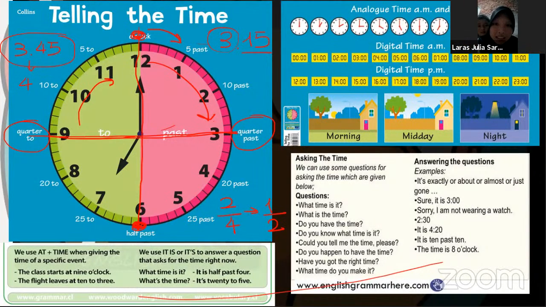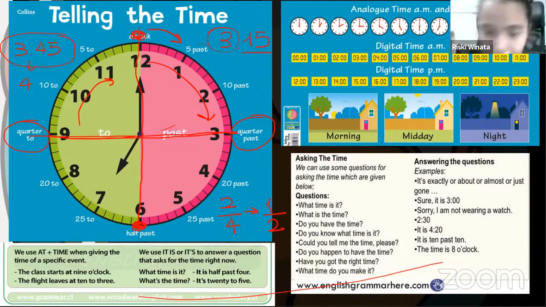Probably Laras, you can give us the numbers. At what time you have to finish the exam, and let Miss Becky teach you how to pronounce the number, I mean the time, the watch.